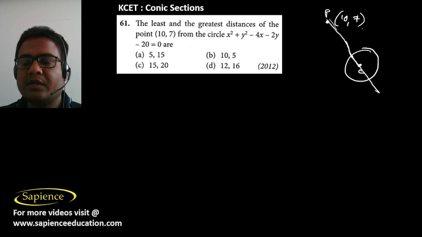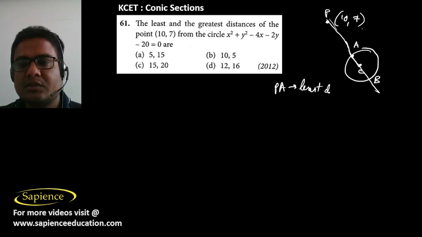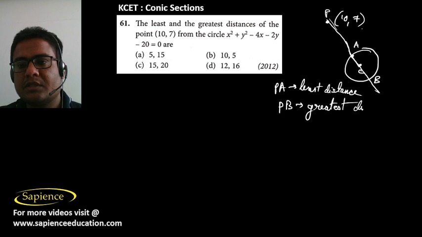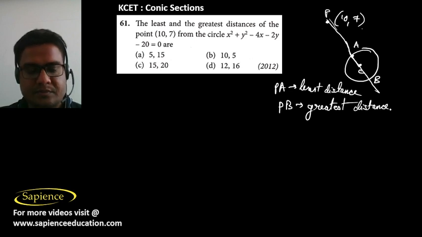If we can find the equation of this straight line, we can find the 2 points where this line will intersect the circle. So PA length will be the least distance from the circle, and PB will be the greatest distance from the circle.